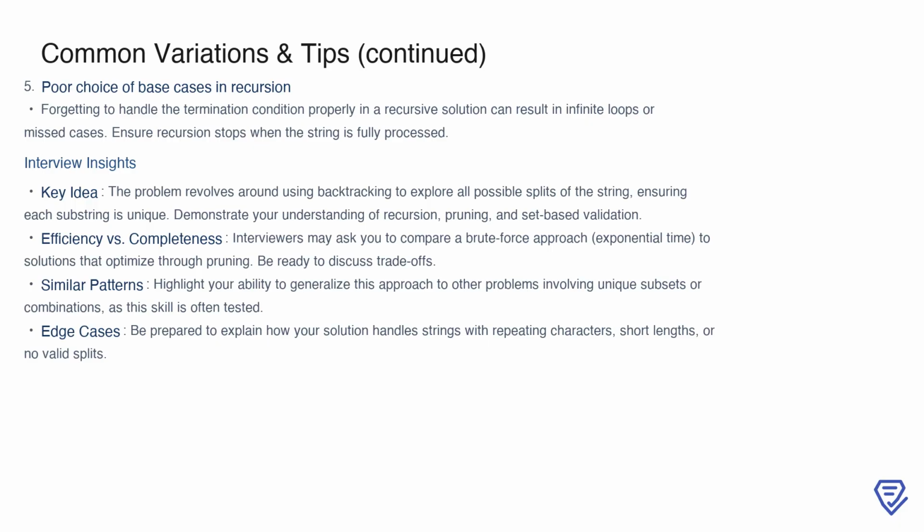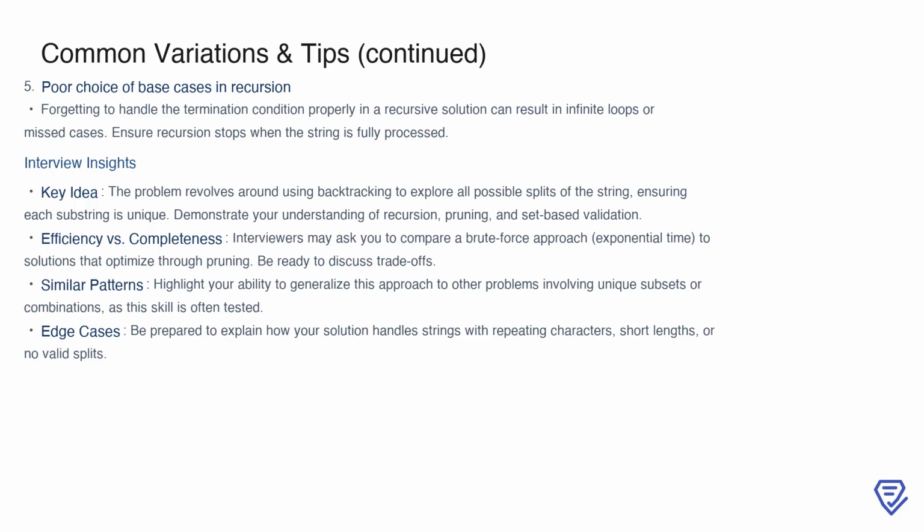Now, in interviews, this problem is an excellent opportunity to demonstrate your understanding of backtracking. The key idea is to explore all possible string splits while ensuring substrings are unique. Interviewers may also ask about efficiency versus completeness. You should be ready to explain how a brute force approach works and compare it to optimized solutions that use pruning to reduce unnecessary computations.